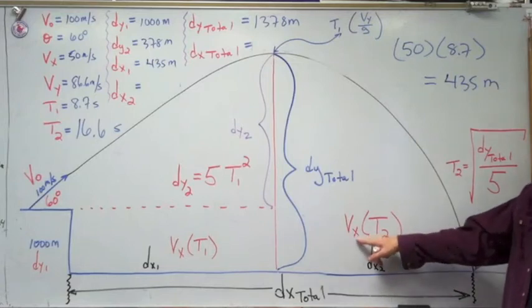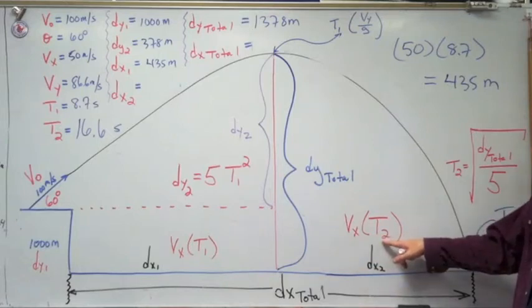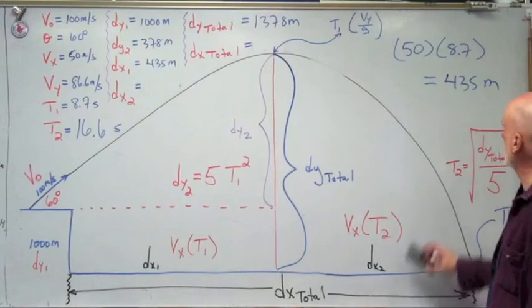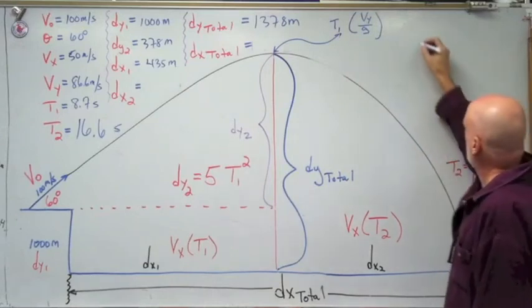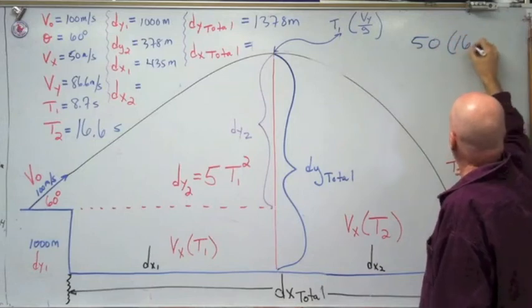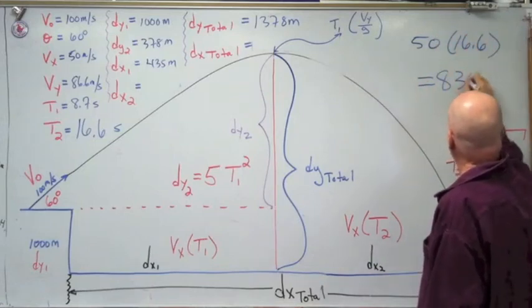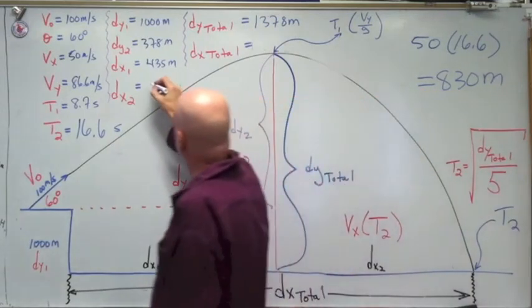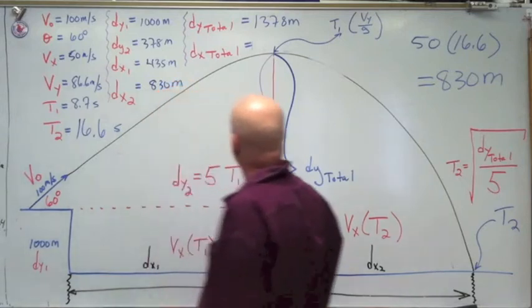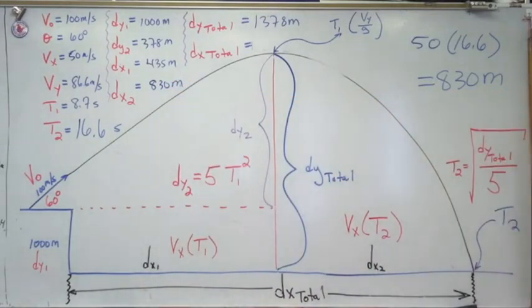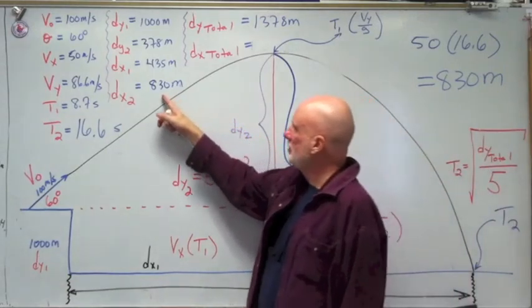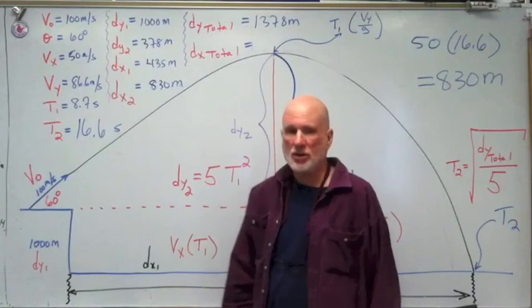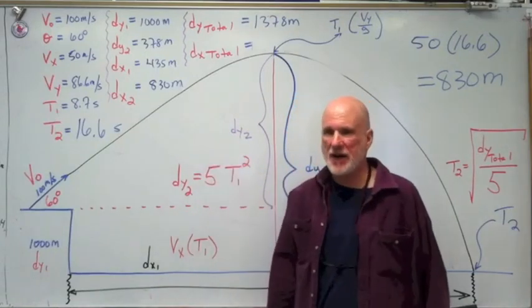dx2 is 50 times 16.6, which is 830 meters. 830 plus 435 meters, 1,265, correct?